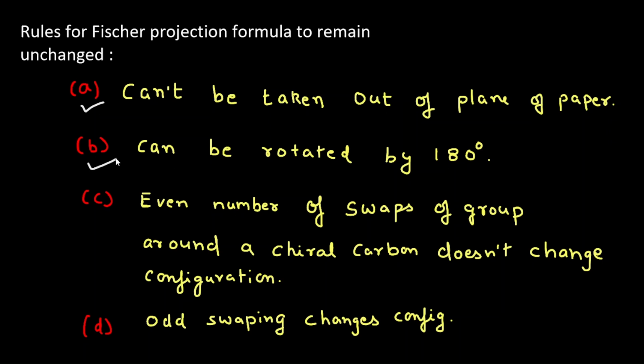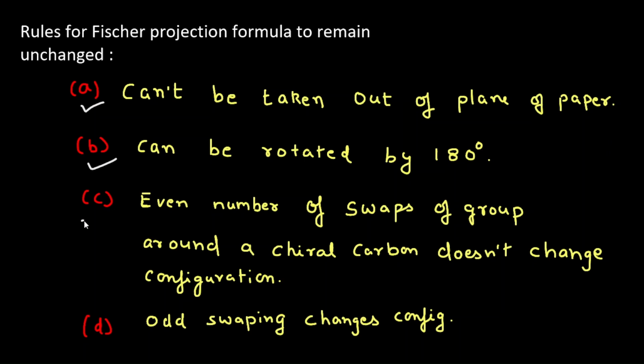You can rotate the Fischer projection formula by even multiples of 90 degrees, that is, multiples of 180 degrees. If you do so, the configuration will not change.